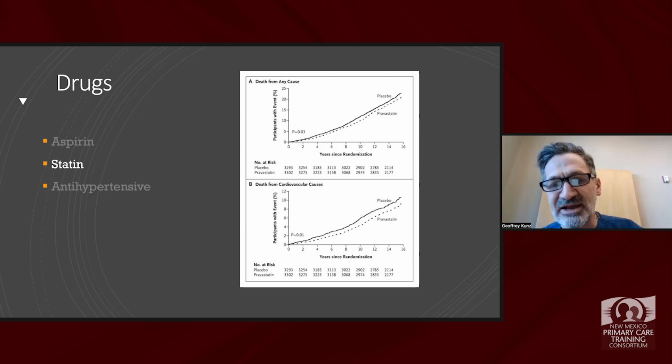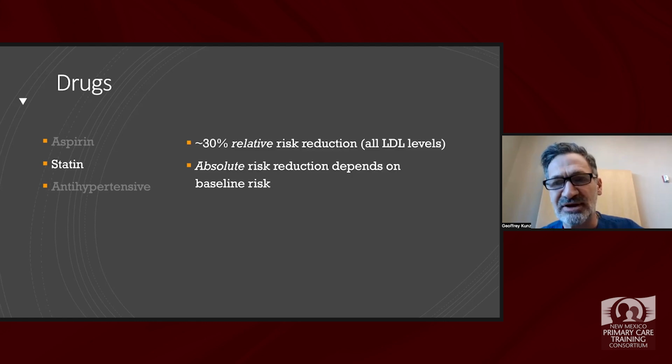And as with aspirin, the magnitude of risk reduction is relative to the absolute risk. Most trials have somewhere in the neighborhood of a 30% relative risk reduction with statin therapy in primary prevention, irrespective of the baseline LDL level. But the absolute risk reduction is very much dependent on their baseline risk.